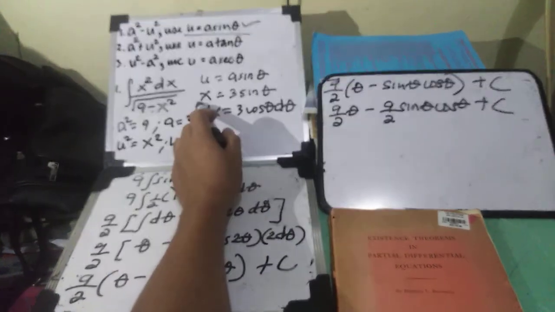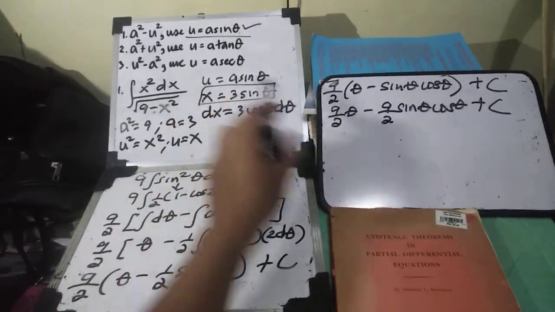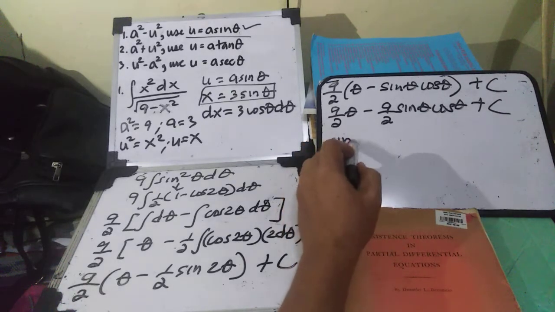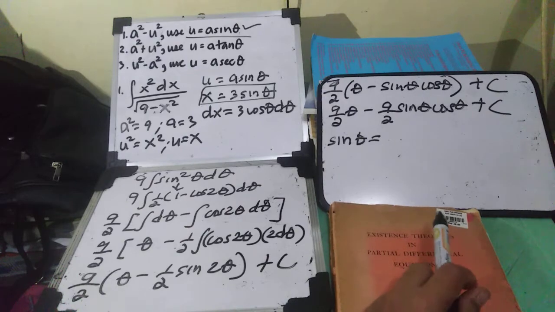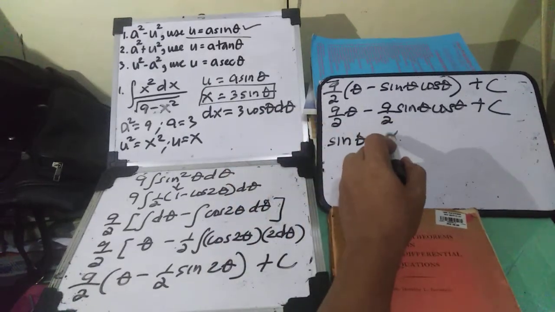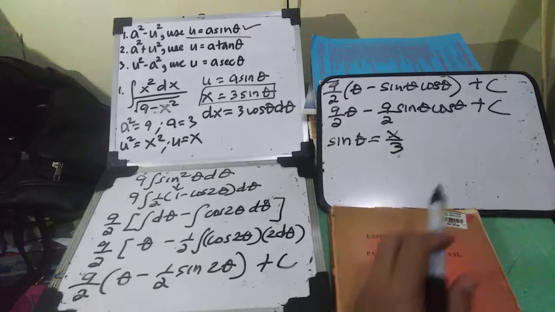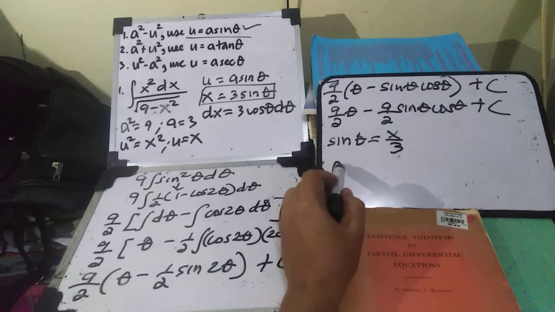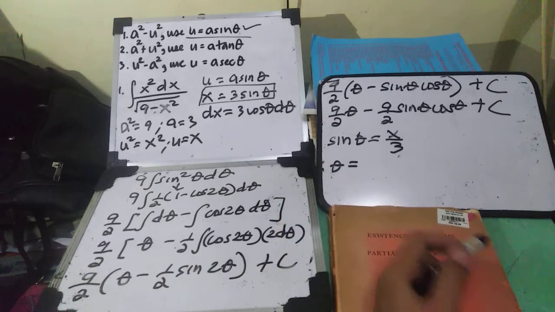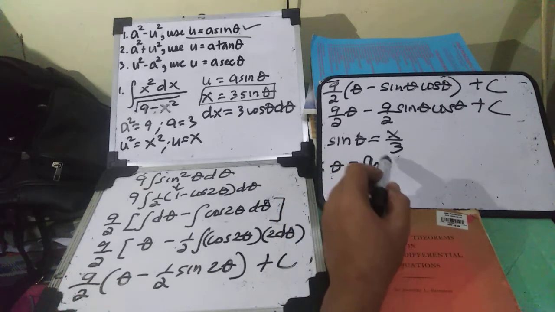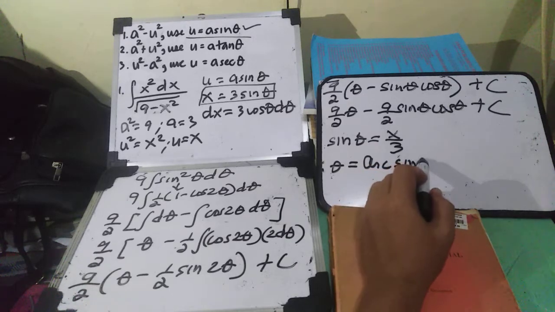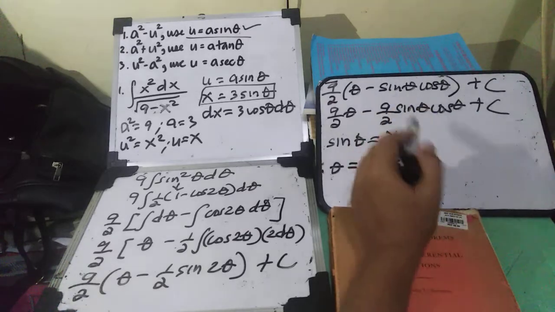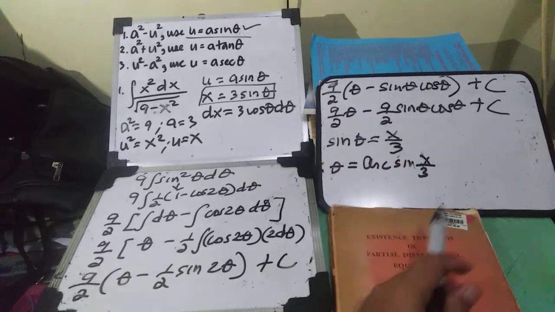Since we use the substitution x equals 3 sine theta, therefore we can obtain the value of sine theta, which is equal to x over 3. Now, to find theta, theta equals arc sine x over 3.